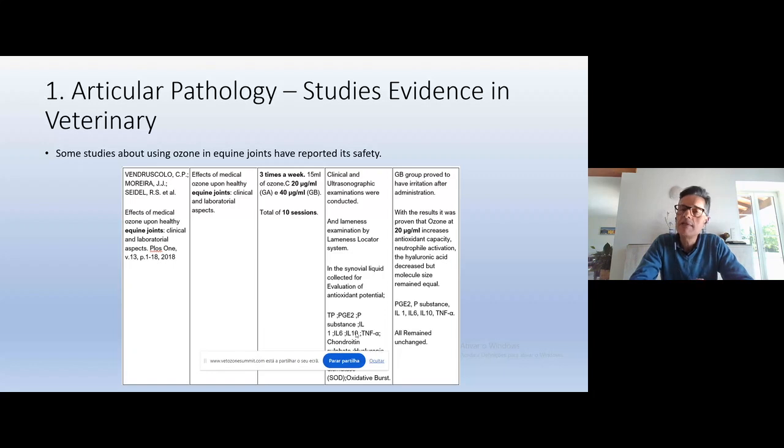This study lacks one aspect, because it was made in healthy horses, and if we really want to measure how ozone can contribute, you have to start with joints that are not healthy. Nevertheless, this study shows us how safe ozone is.